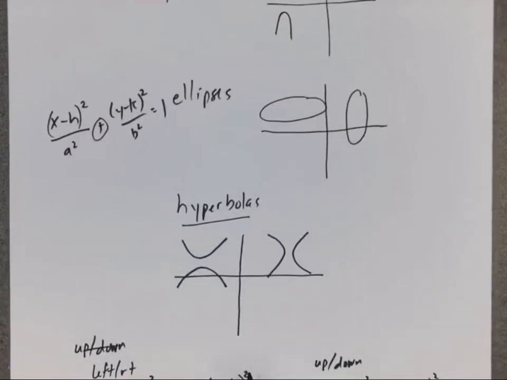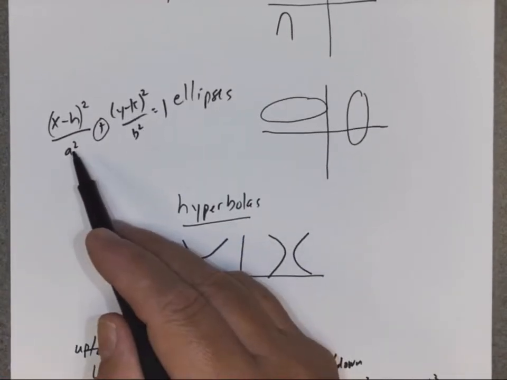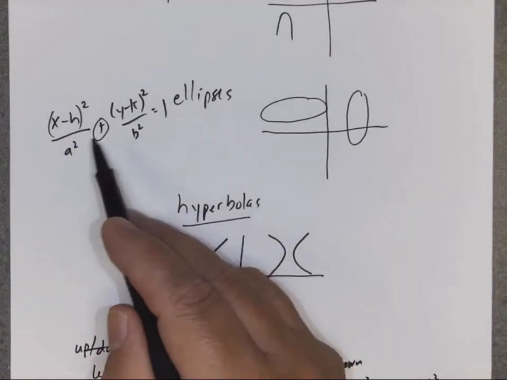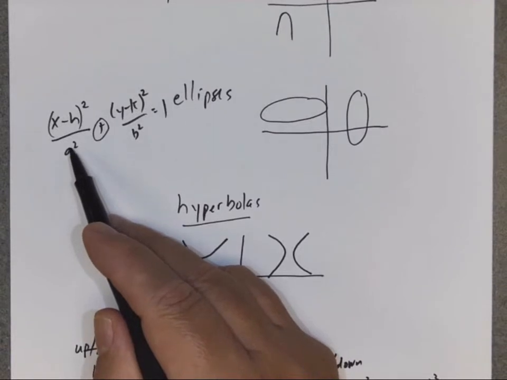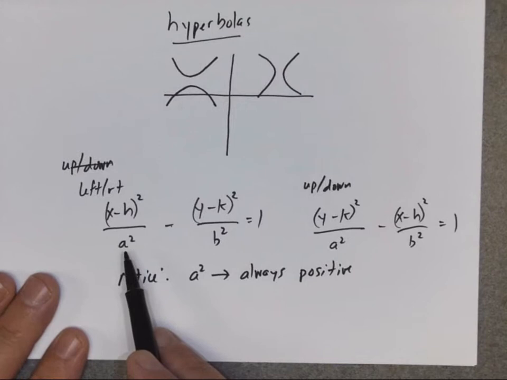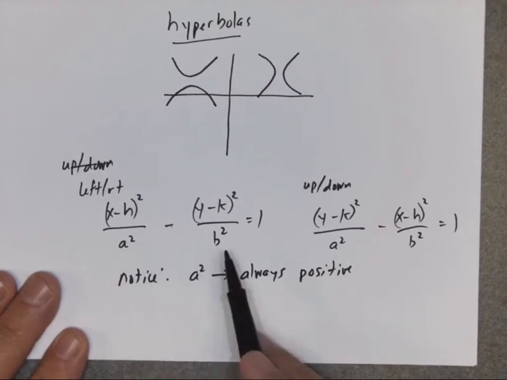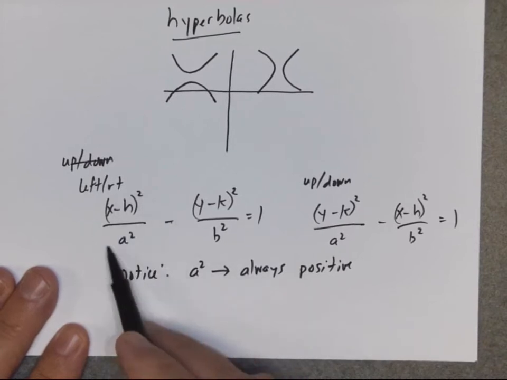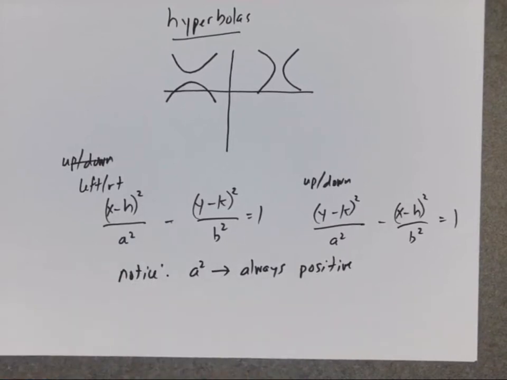When we did the ellipse, the a squared was always the largest number. If you compared a squared and b squared, a squared is always the larger one. That's not the case here. Matter of fact, sometimes a squared can end up being a smaller number than b squared. The size of the number does not matter with a hyperbola. What's key is the a squared is always part of the positive term.